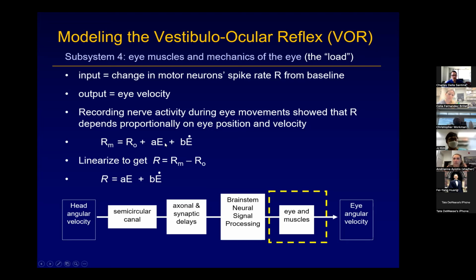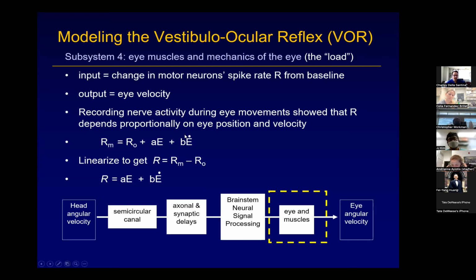But then also it turns out that if the eye is looking from left to right to left to right, while it's crossing the midline, the firing rate also depends on the velocity with which the eye is moving. So if the eye is moving really fast, then the firing might be faster. And if the eye is moving really slowly, then it fires slower.